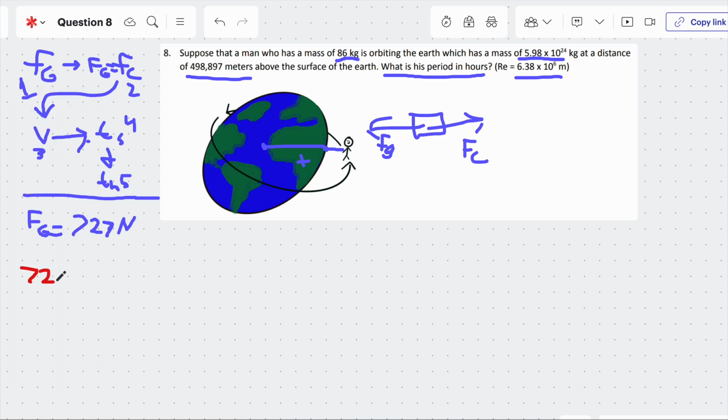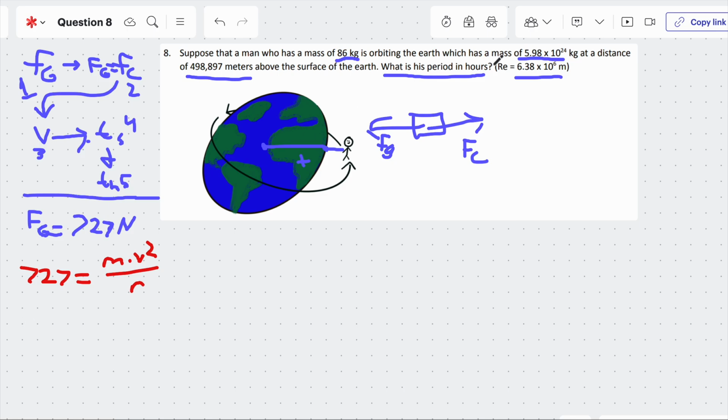So 727 equals mass times velocity squared over r. So we know the mass of our dude. Because we're measuring the force on the dude, we're going to use his mass and his radius, which thankfully I have erased, so we'll be finding that again.